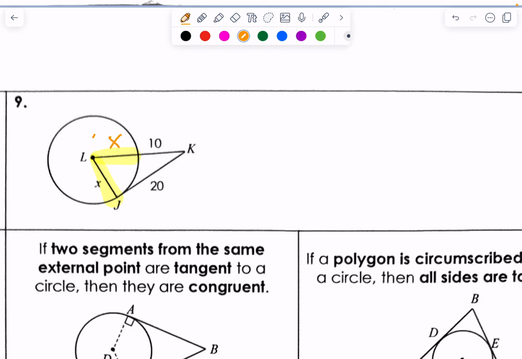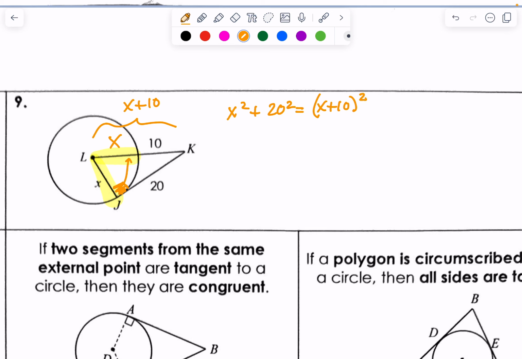That means that this piece LK is x plus 10. So what does that look like? Because this would be my right angle, so that's my hypotenuse. So what I have is x squared plus 20 squared equals x plus 10 quantity squared.